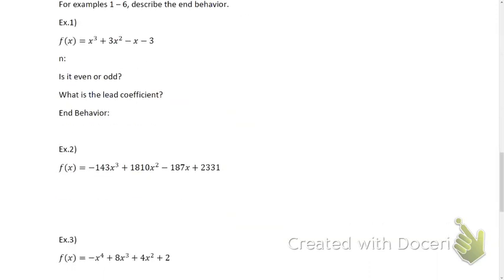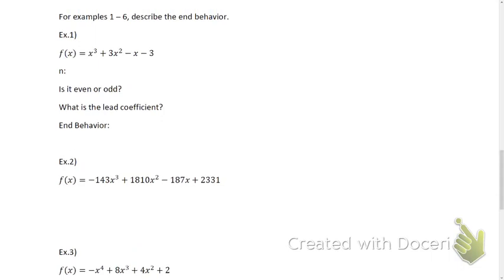So we need to find the end behavior for number 1. I would say that n is 3. I'm looking right there at that 3. I know there's 3 3s on the problem. It is obviously odd. The lead coefficient is a 1. And that is right there, the imaginary 1, which is positive.